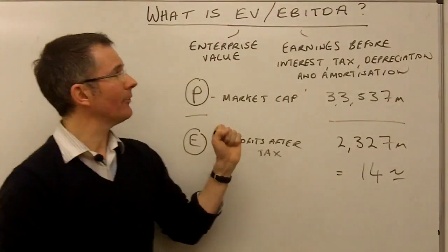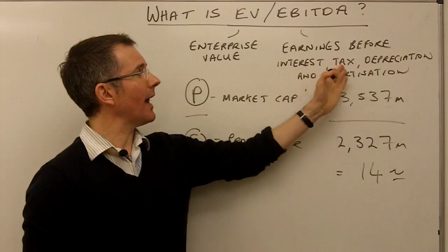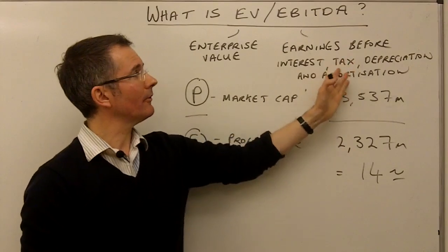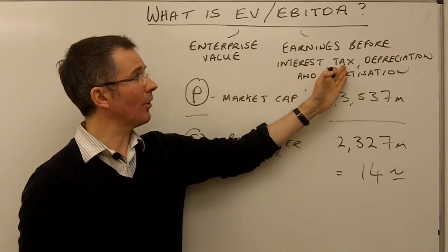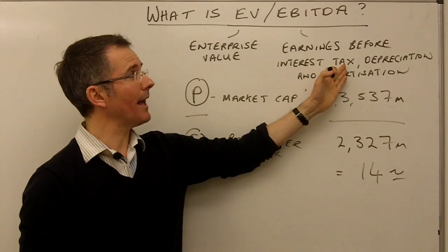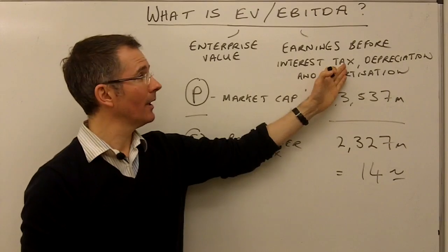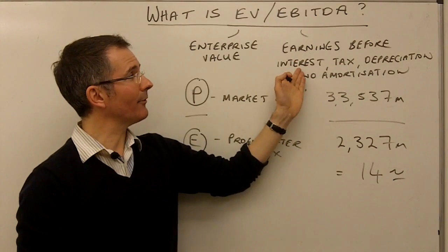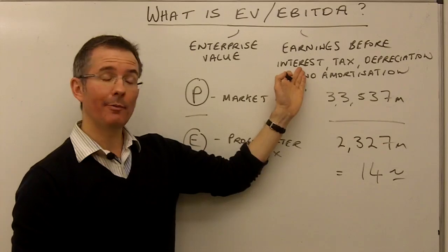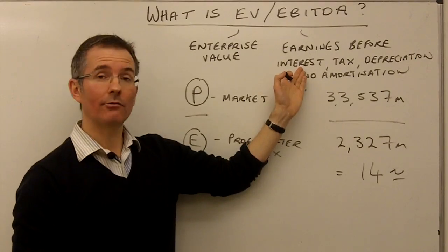What I mean by that is some people would say, you know, tax is subject to tax rules. It's got not a lot to do with the inherent profitability of the Tesco business. Interest reflects decisions about how the firm has been financed rather than how it's run.